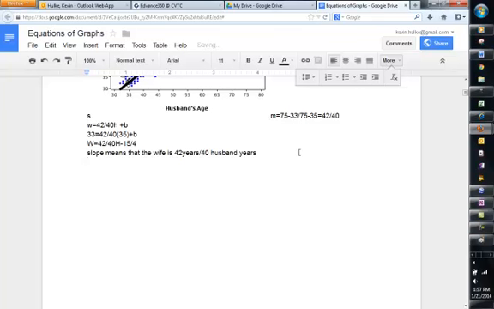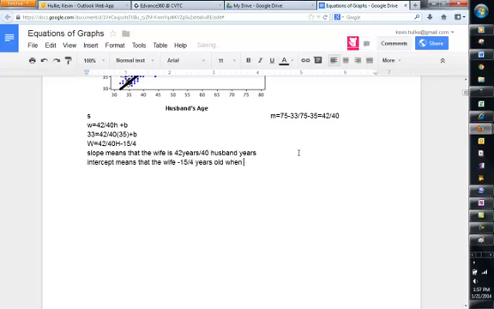And the intercept means that the wife, this is going to be kind of funny, is negative 3 3/4 years old, right? That's 15/4 years old when she gets married.